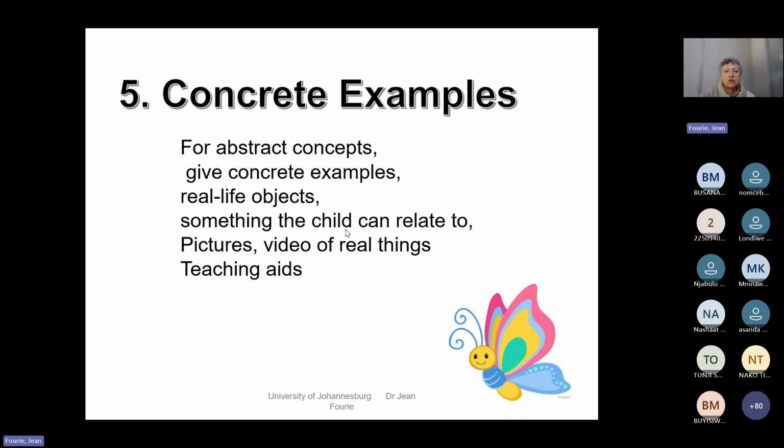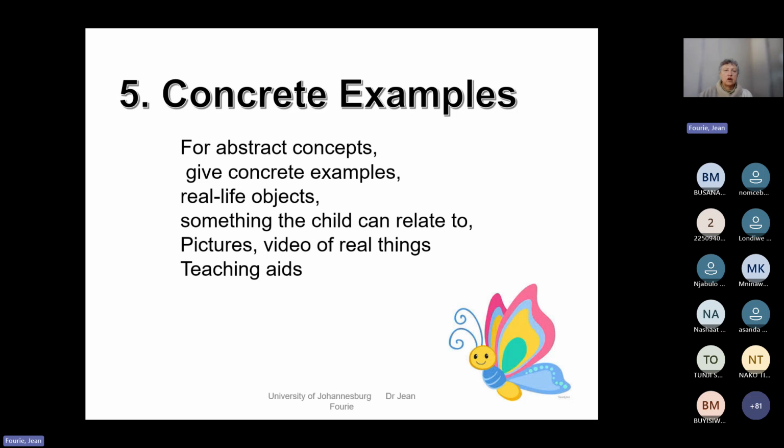So try to give real life objects where possible, something that the child can relate to, show pictures, have videos explaining it, and use concrete teaching aids. These are very useful for maths and science classrooms where we are using counters and manipulating real objects in order to teach particular concepts, doing experiments, and so on.